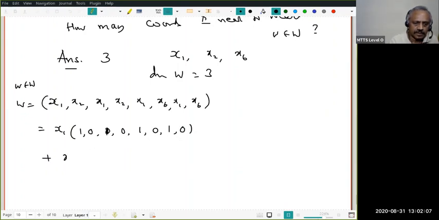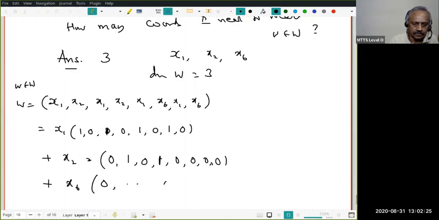Plus, take x2, then I'll have 0, 1, 0, 1, 0, 0, 0, 0. And next will be x6 times 0, 0, 0, 0, 0, 1, 0, 1.